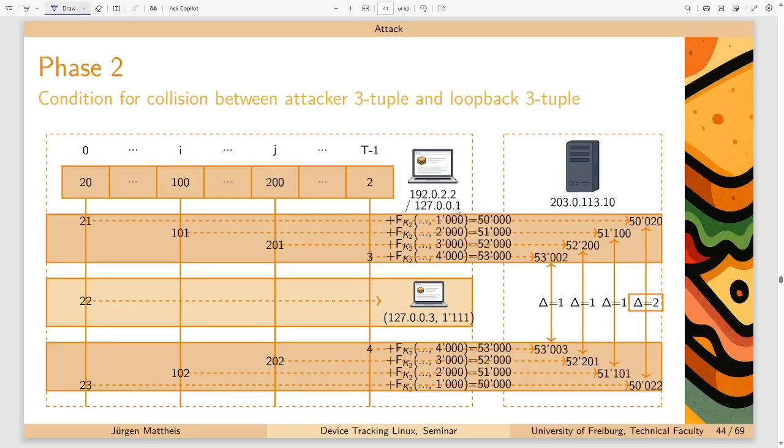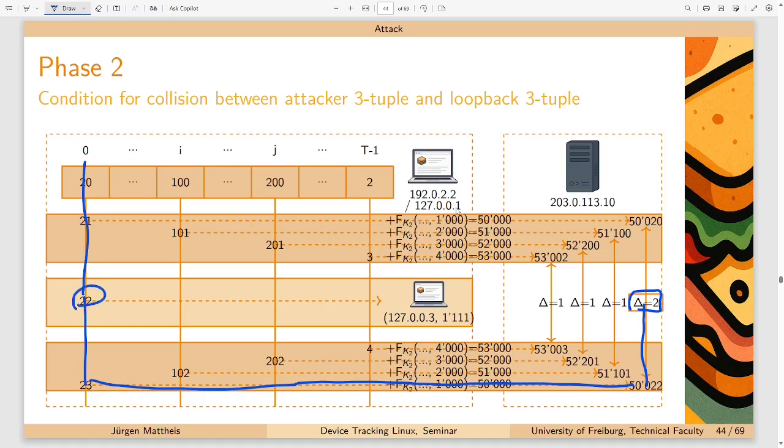So here we are in phase 1, and what we see here is a source port increment of 2 over here, and if we follow the edges here, then we see that we had a collision with this single loopback free tuple in the filling layer.